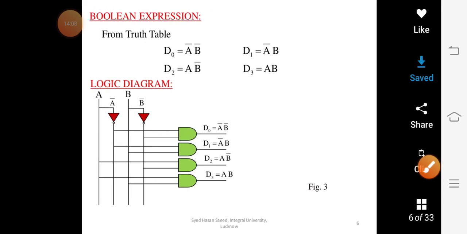Moving on to the next, here is the Boolean expression, how you write it.